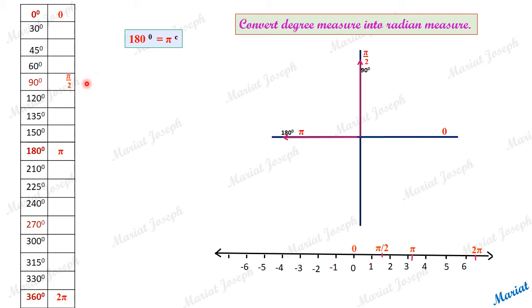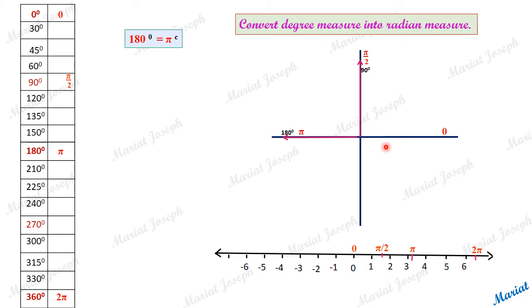Now let's go further. Look, this angle from here to here is 270 degrees. This 270 degrees is just in the middle of 180 and 360.